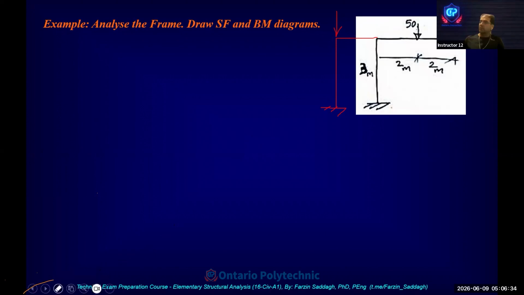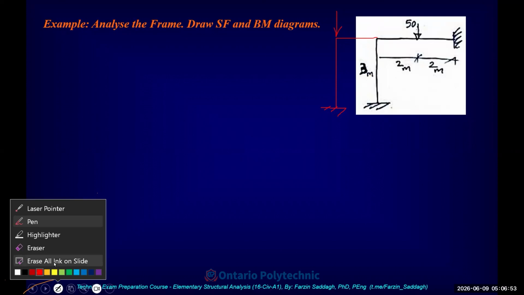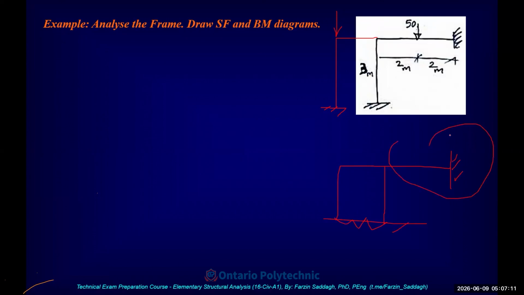So we have one column and one beam in this case. If we have another frame that has two columns and one beam on top, yes, one beam, two columns, without this part.